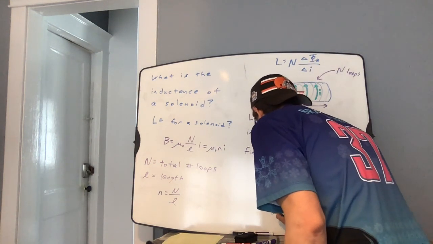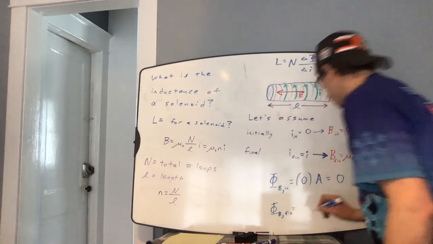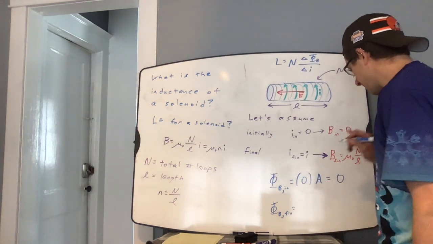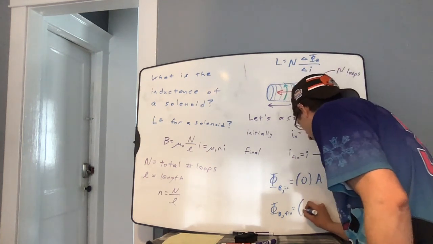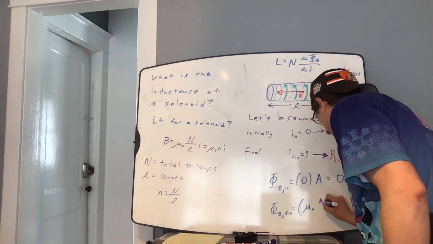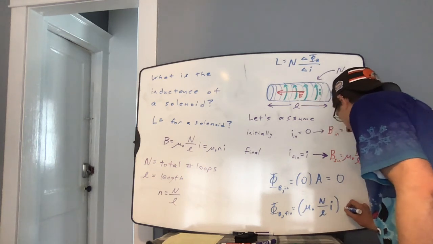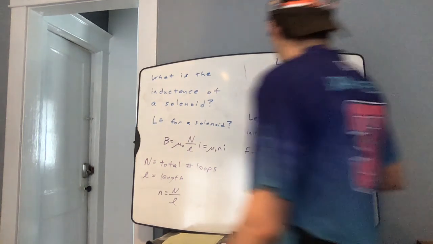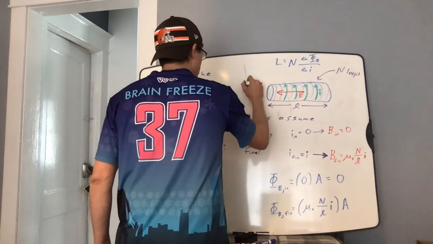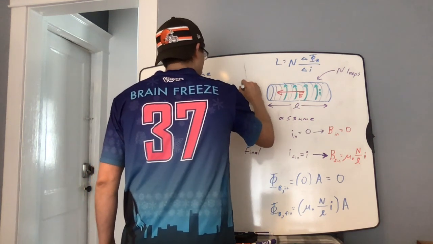Phi B final is just going to be the final magnetic field, which was this term here, mu naught big N over L times I, times the cross-sectional area of the solenoid. So here, the solenoid has cross-sectional area A.